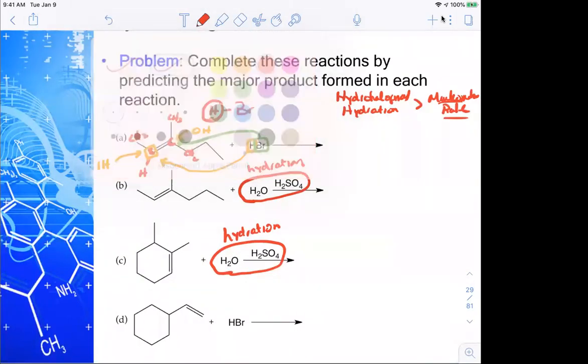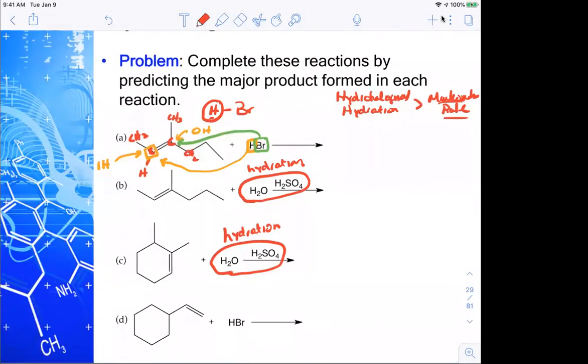So when I draw products, I basically redraw the structure because I have to draw every single atom that was in the original structure, and I have to draw what was added as well. So I'm going to have CH3, CH, C, and then here I'm going to have CH3, CH2, CH2, CH3.